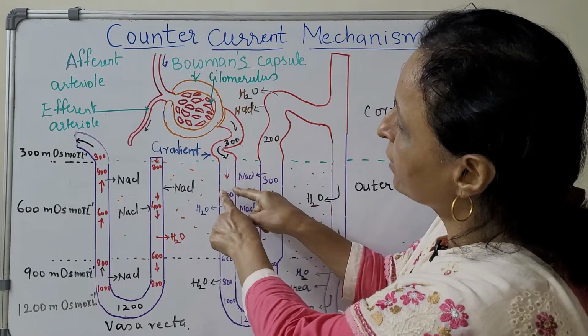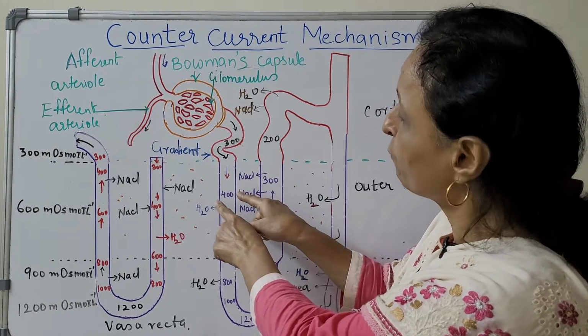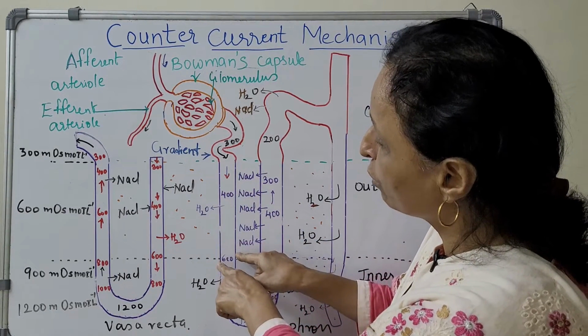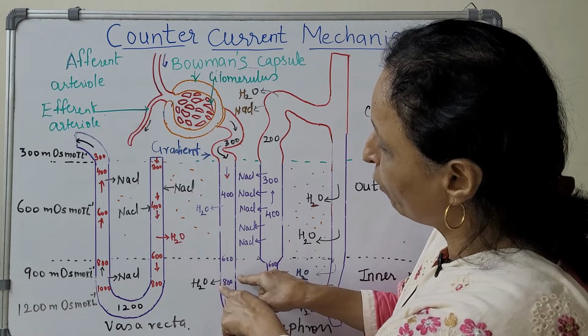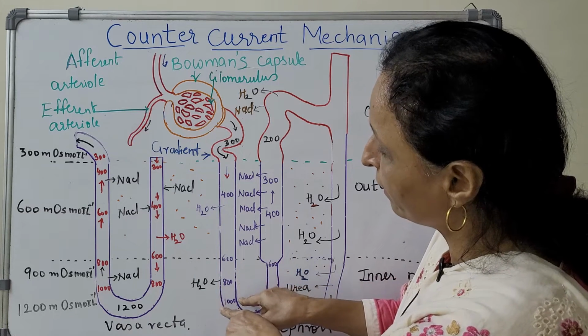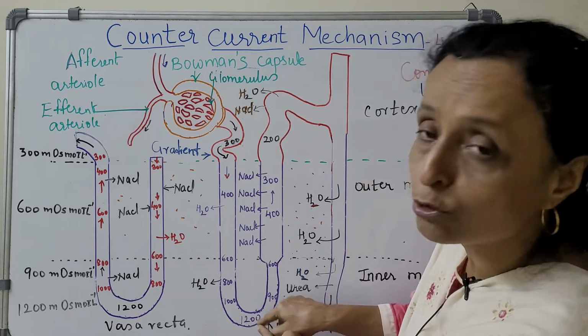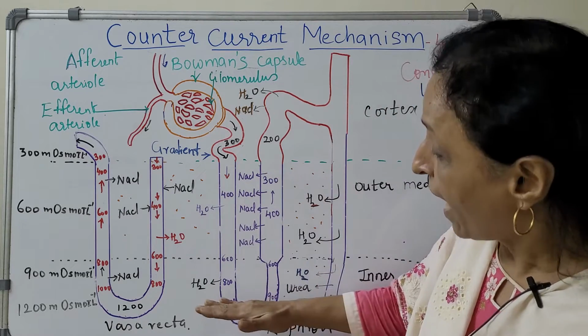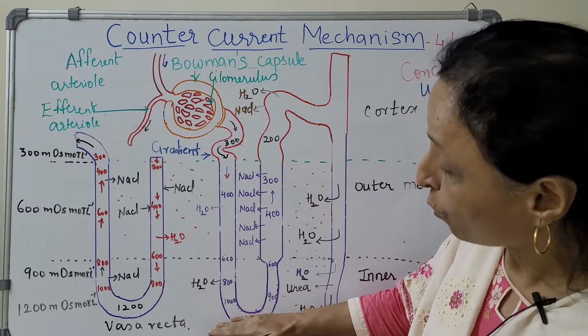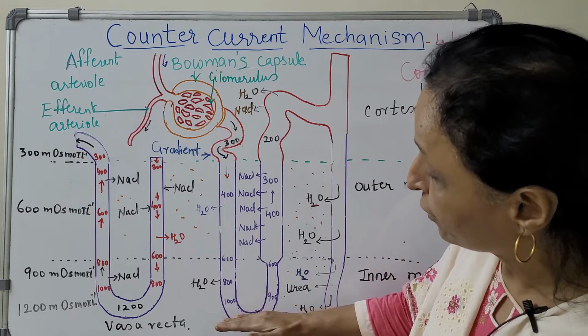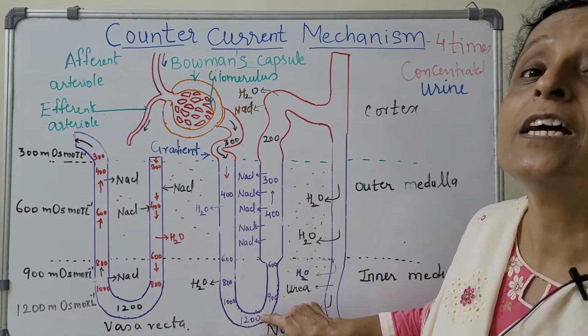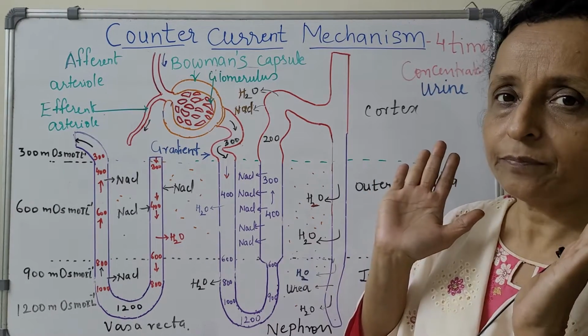So when a little water goes out, it becomes 400. More water goes out, it becomes 600. More water goes out, it is 800. More water goes out, it becomes 1000. More water goes out, 1200. Here, as this limb finishes and enters the U tube, it becomes 1200.